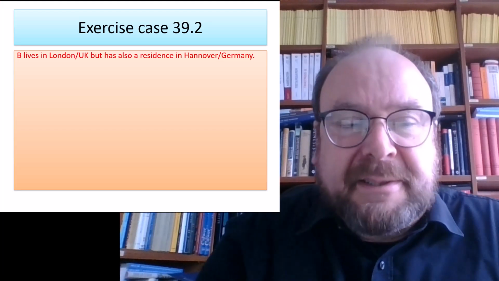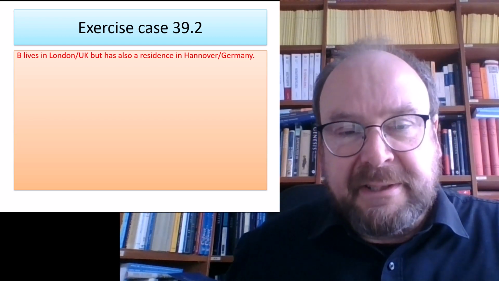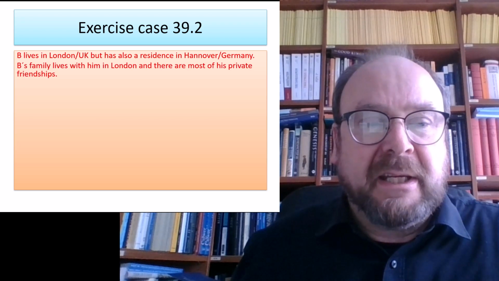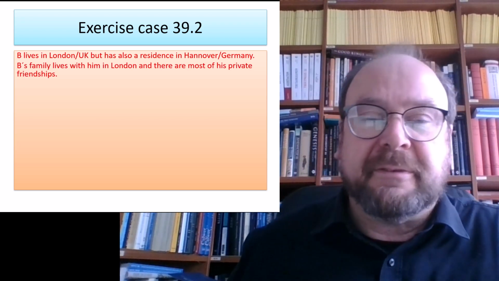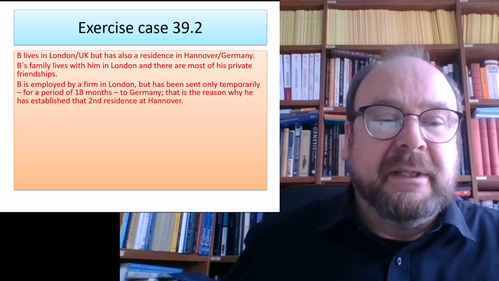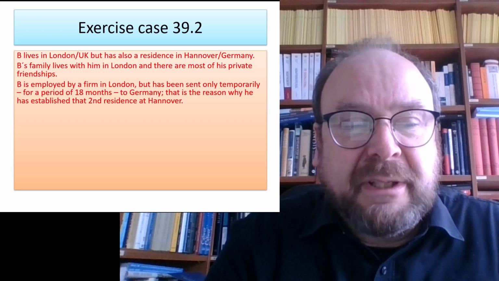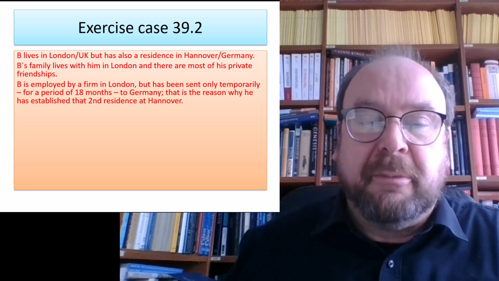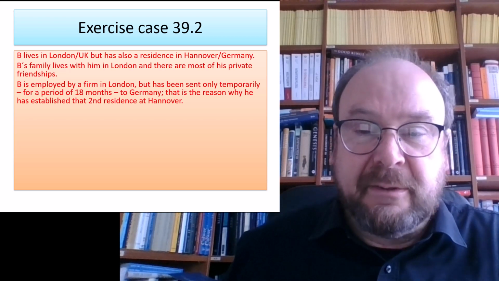So, next case. B lives in London, UK, but also has a second residence in Hanover, Germany. And B's family lives with him in London, and there are most of his private friendships and contacts. B is employed by a firm in London, but has been sent only temporarily for a period of 18 months to Germany. That is the reason why he has established that second residence at Hanover.